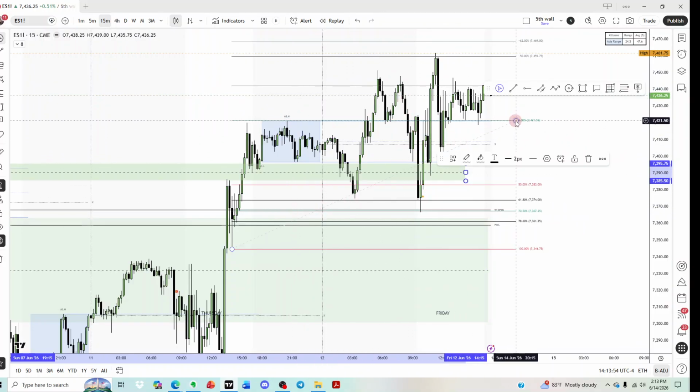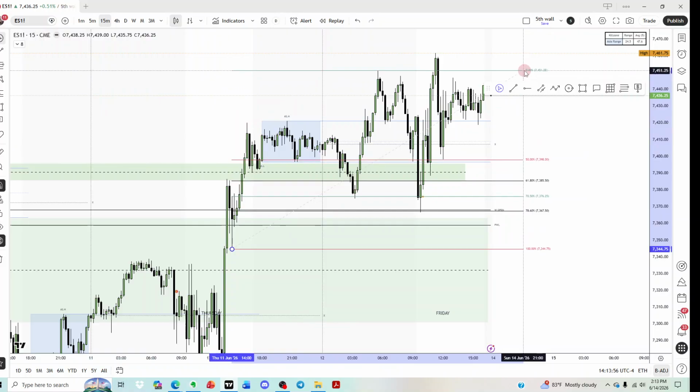So then we make that adjustment here, still dealing with this low to this high. This low to this high. And so we have a run on stops. We have a market structure shift right here. Again, because of this and because of this, goes down into this bullish fair value gap and then pushes higher.